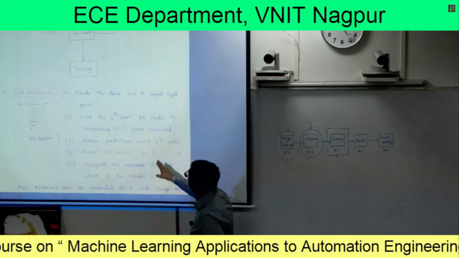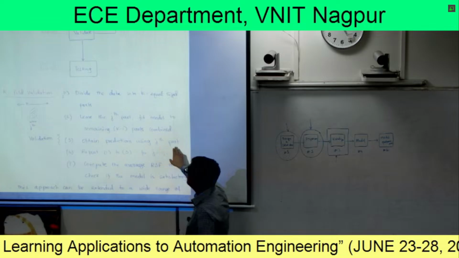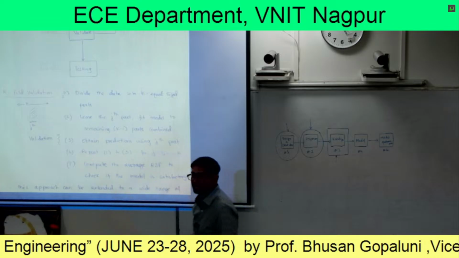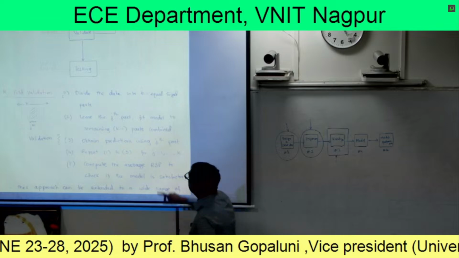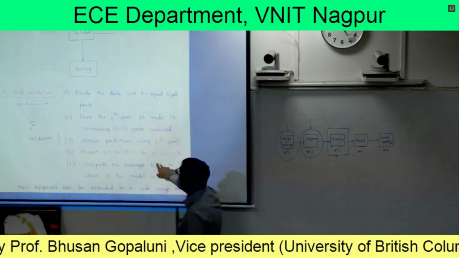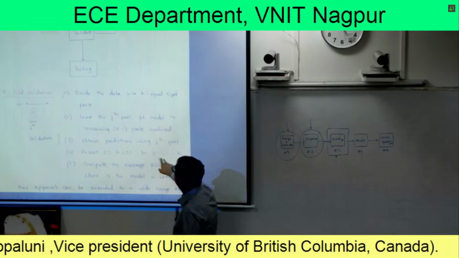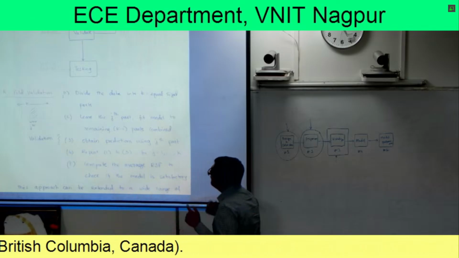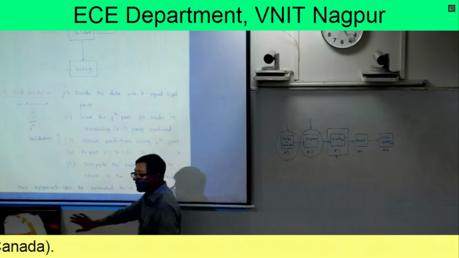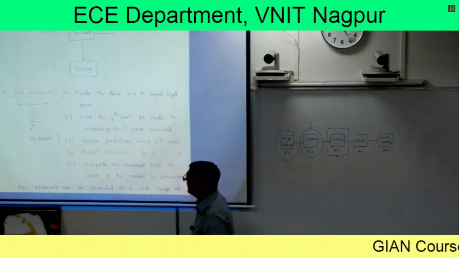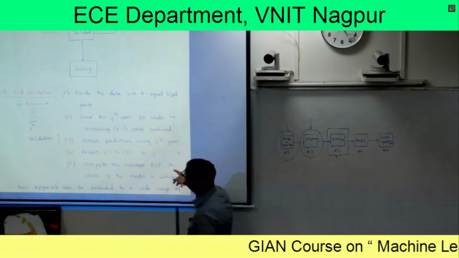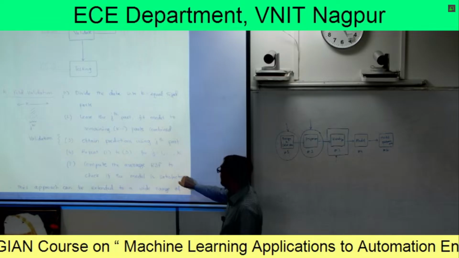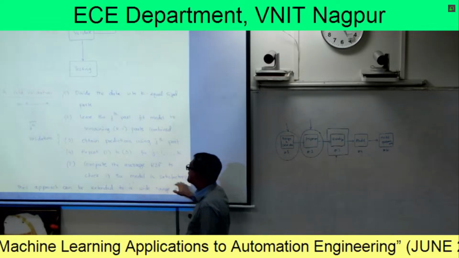And then obtain predictions using the jth part, meaning you're using the jth part as your test data set. Now you repeat steps 1 to 3 for different pieces. You have k different pieces of your data set. In every iteration, you throw away one piece, build a model. And then compute the average root mean squared error to check if the model is satisfactory.